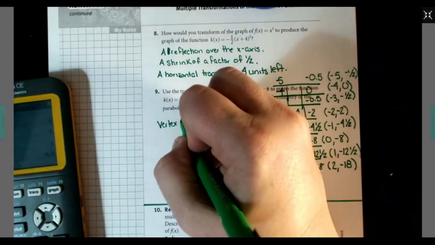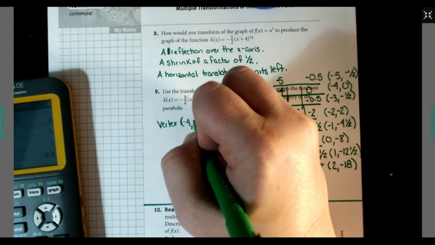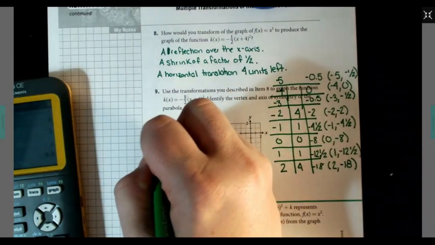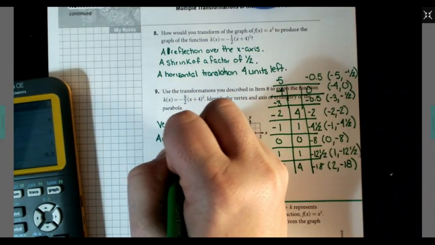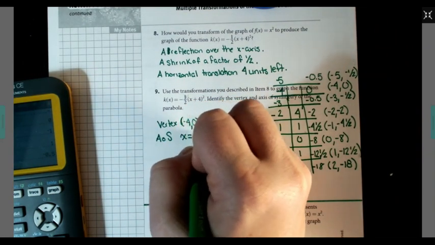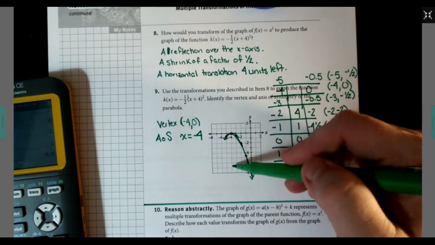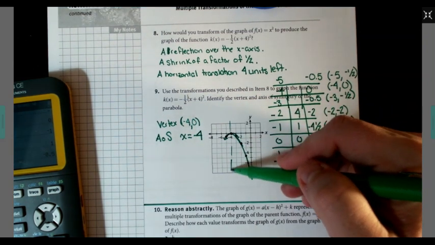So that's going to be negative 4 comma 0. And my axis of symmetry is going to be x equals negative 4 because my fold is basically here.